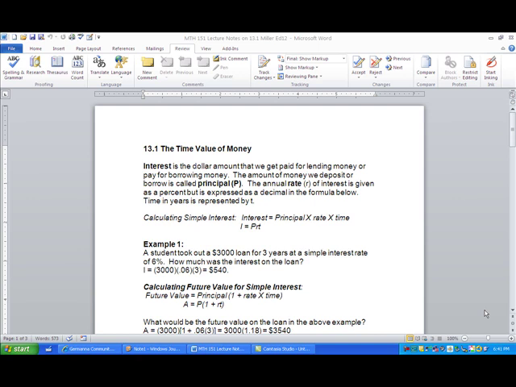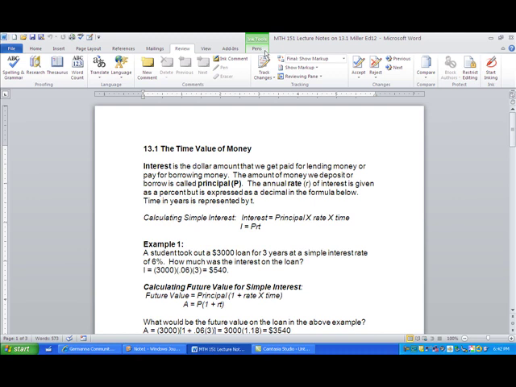So let's take a look at example 1. It says a student took out a $3,000 loan for 3 years at a simple interest rate of 6%. So we're looking at the numbers. $3,000 is what is being borrowed, so that is the principal. That's capital P. The 3 years is T. Okay, here's our time.